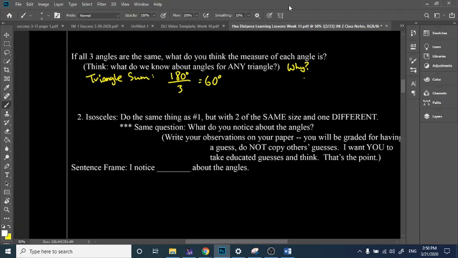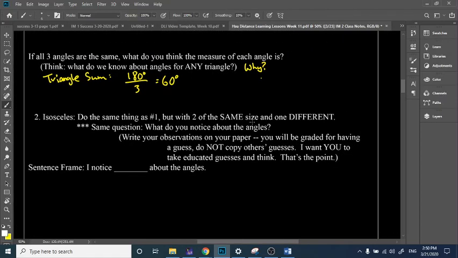Alright, next thing. If you needed that and I moved too quick, just pause, go back, and copy it down. Okay, so do the same thing, but with 2 of the same size and 1 different, because we want an isosceles. That's saying 2 sides are the same.